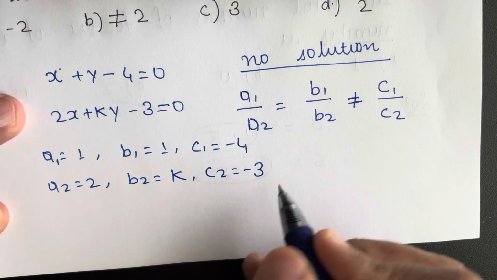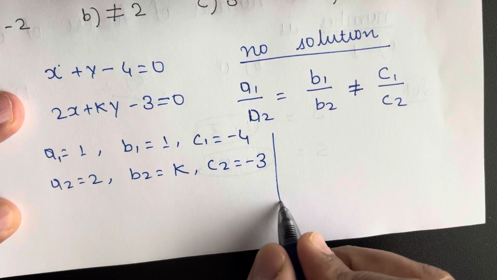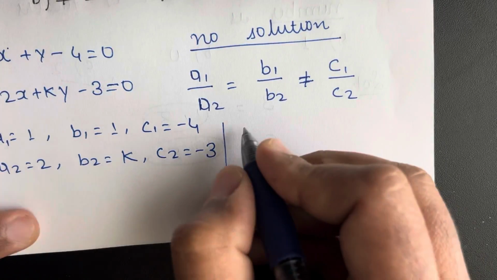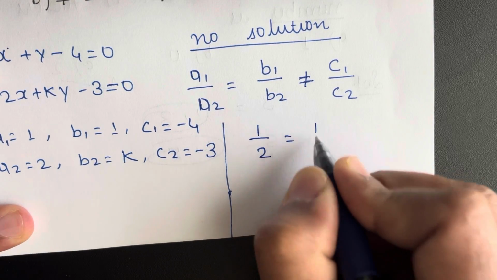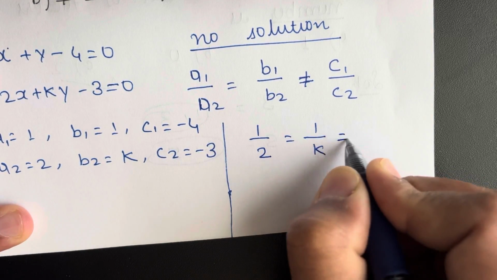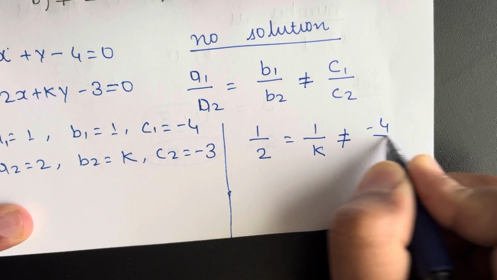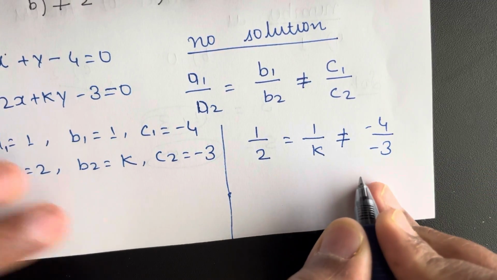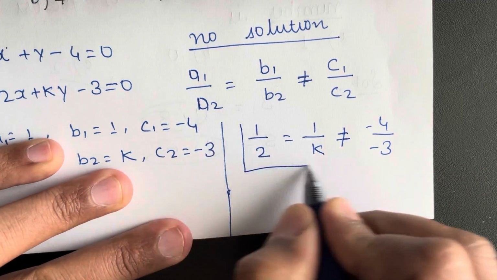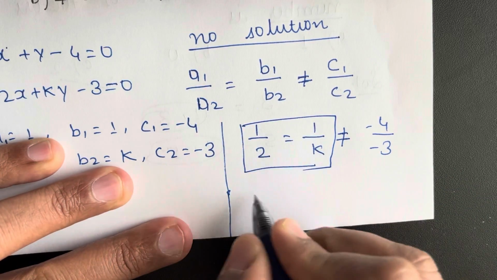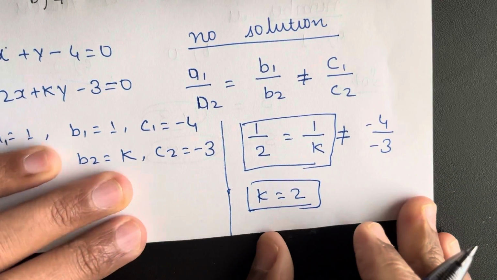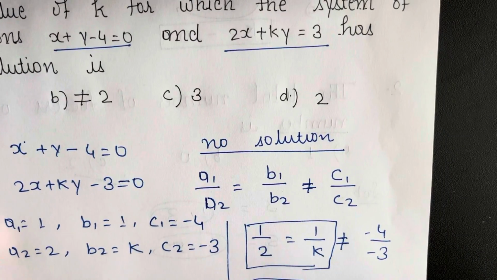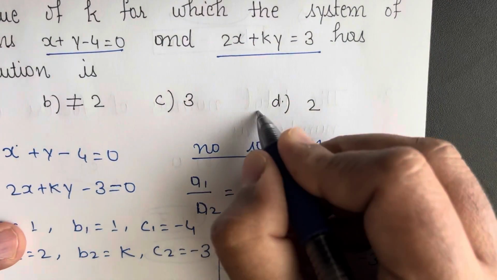If you place these values, you will get 1 by 2 equals 1 by k is not equal to minus 4 by minus 3. So from here you can say that k equals 2. So the answer will be 2.